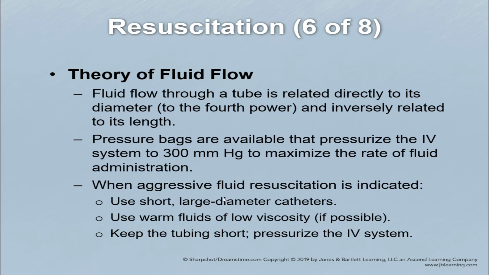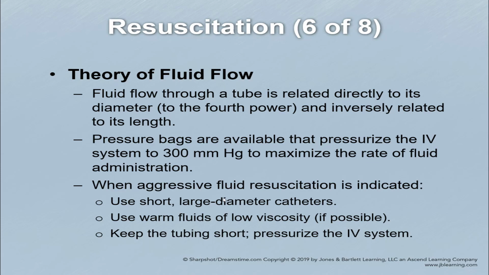Do we do it? Absolutely. The correct way is to place a manufactured pressure bag on the fluid and pump that bag up to 300 millimeters of mercury and administer your fluid. Just be careful when you're doing that. You can dump a lot of fluid really fast.